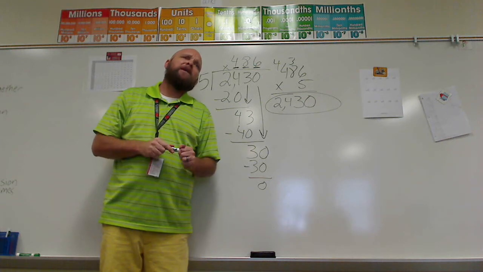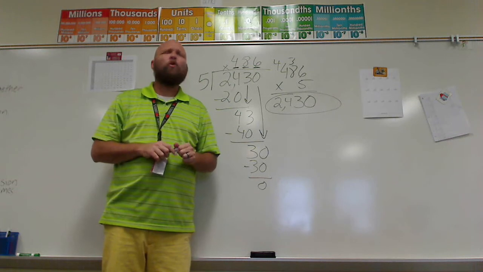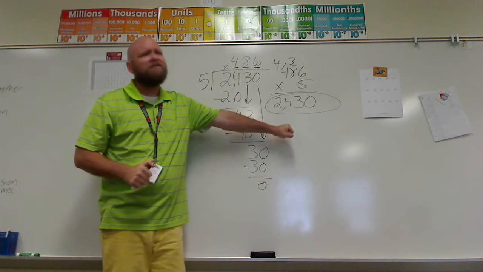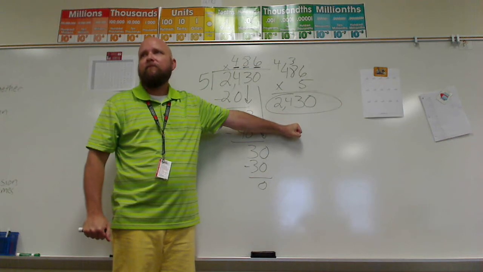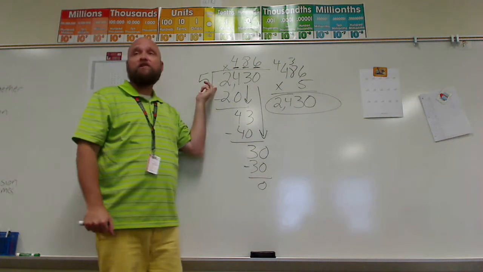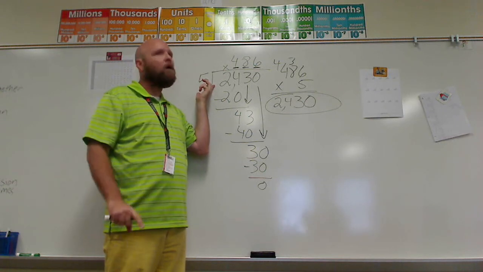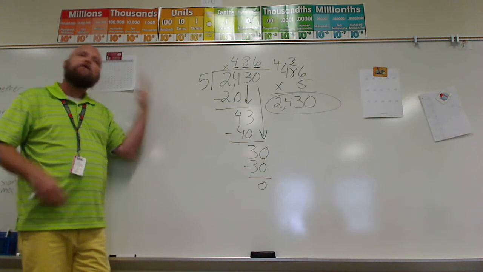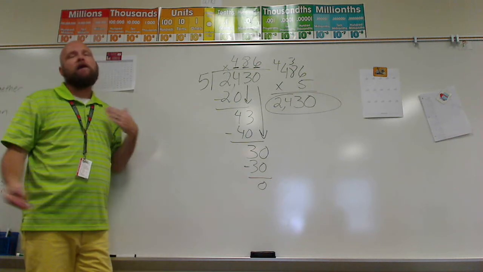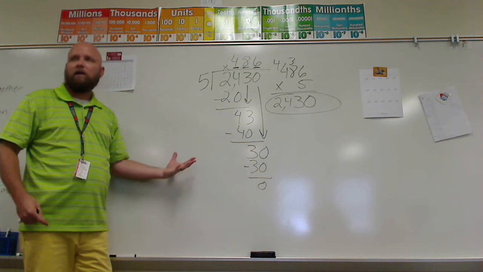Your homework between now and the end of September, let's go, October, is to watch this 700 times a day and learn how to divide. Now, if we have a one-digit divisor, you shouldn't get it wrong because you can always use your multiplication chart. When we get into two-digit divisors, we're going to have to do some estimating, some guessing and checking.